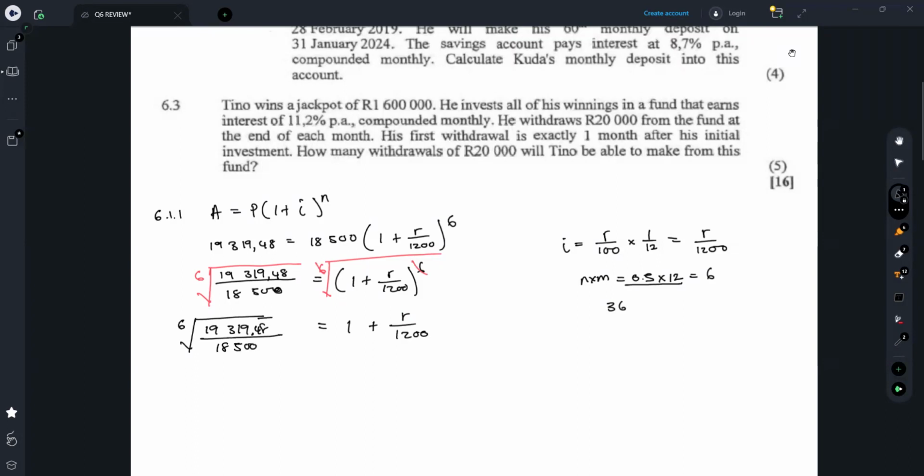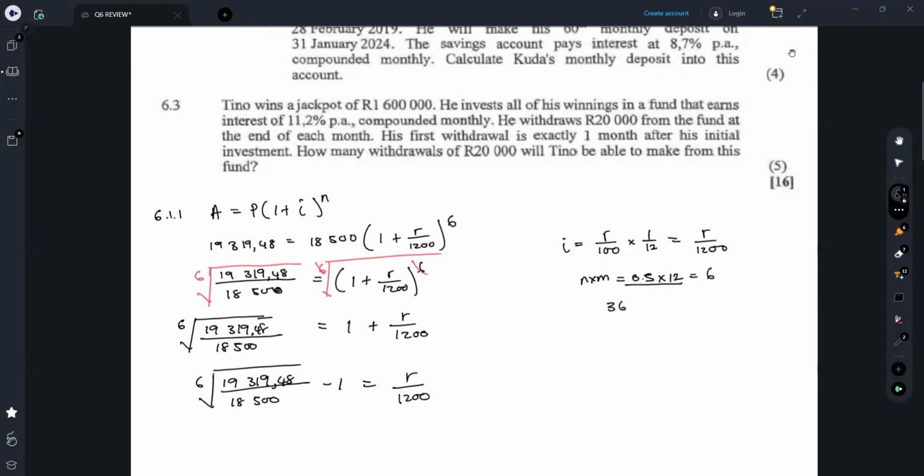So now I'm looking for R, remember? So I could take this 1 to the other side, and we are going to have the 6th root of 19,319.48 all over 18,500 minus 1. And now I'm left with R over 1,200.